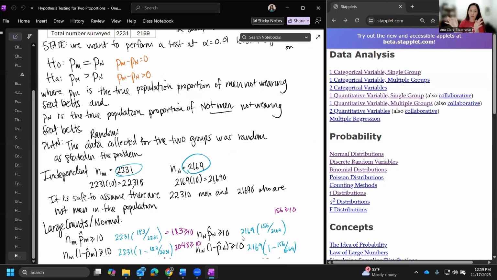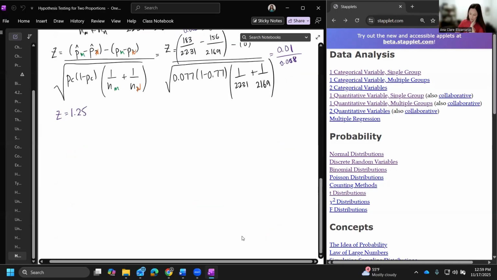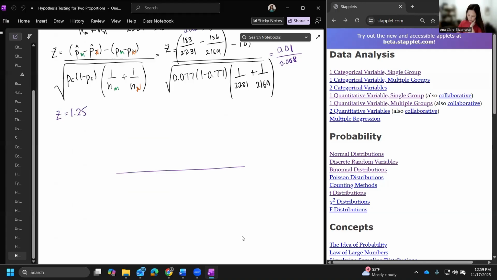So we are doing a greater than test, which means the way that our z-score was set up, where men was first, we need to be greater than 1.25. Now, a z-score of greater than 1.25 isn't really that rare. But if you look at a drawing, when we have our z-score, we are assuming that there is no difference. And now we're trying to figure out about what's the probability of being greater than 1.25.